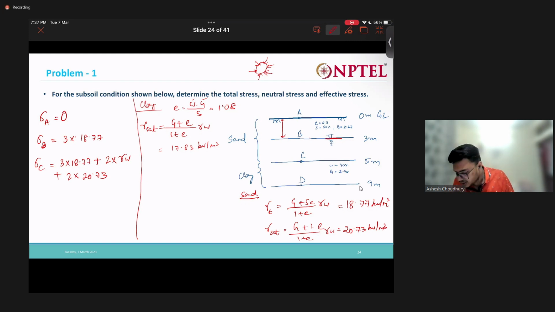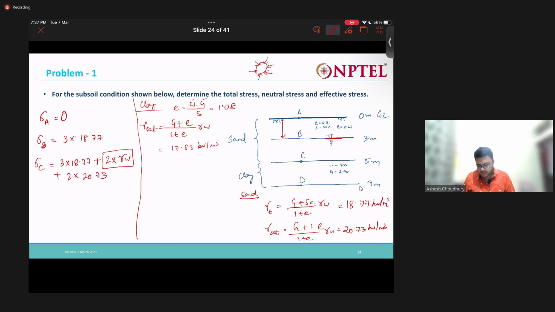So what will be the total? Let's see, we are finding out, right? I think this gamma W term won't come, right?